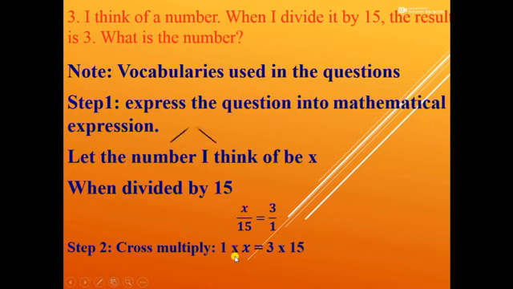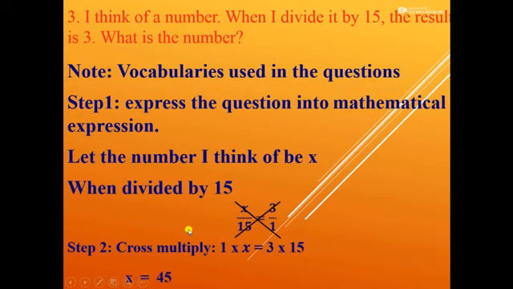And 1 times x, we have x. Instead of writing 1x, professionally we write x, which is equal to 3 times 15, which is 45. So the value of x in this question is 45.